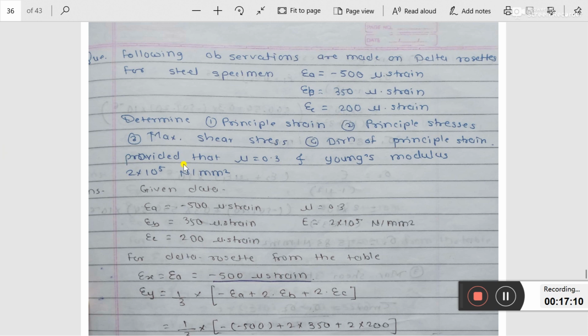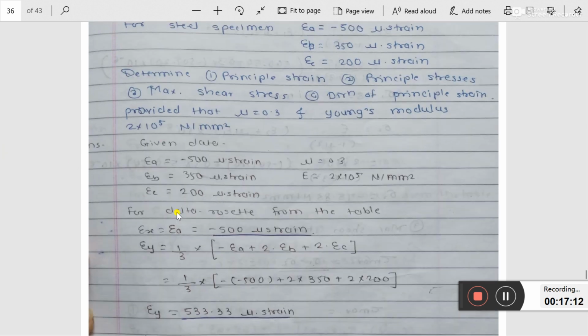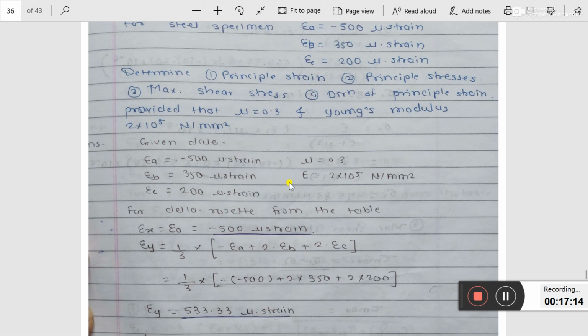As per the given parameters, that is the values of epsilon A, epsilon B, and epsilon C, we have written them as given data. The remaining two constant parameters, mu and Young's modulus E, are also given. Now, as I have to calculate the principal strain, stresses, and maximum shear, initially I have to calculate the values of epsilon X, epsilon Y, and gamma XY, but these values are not given.